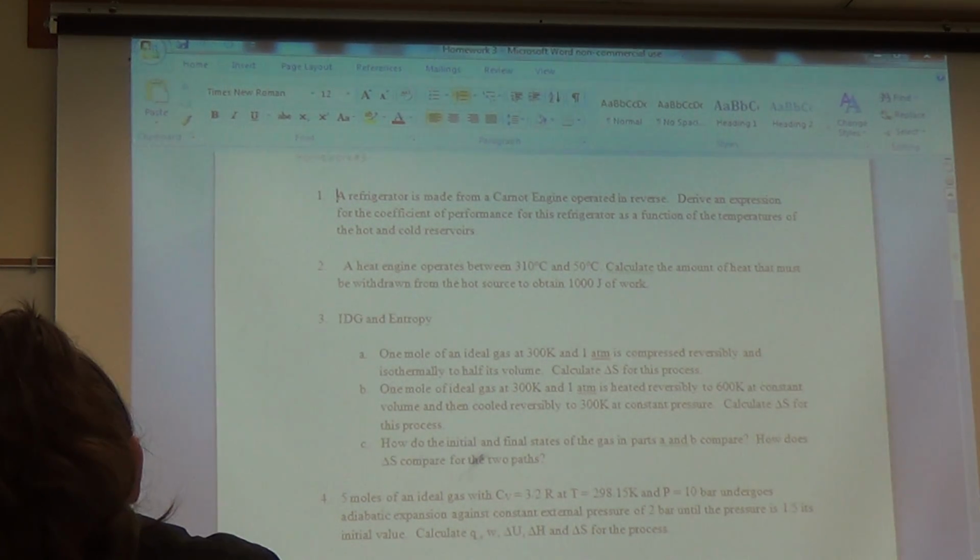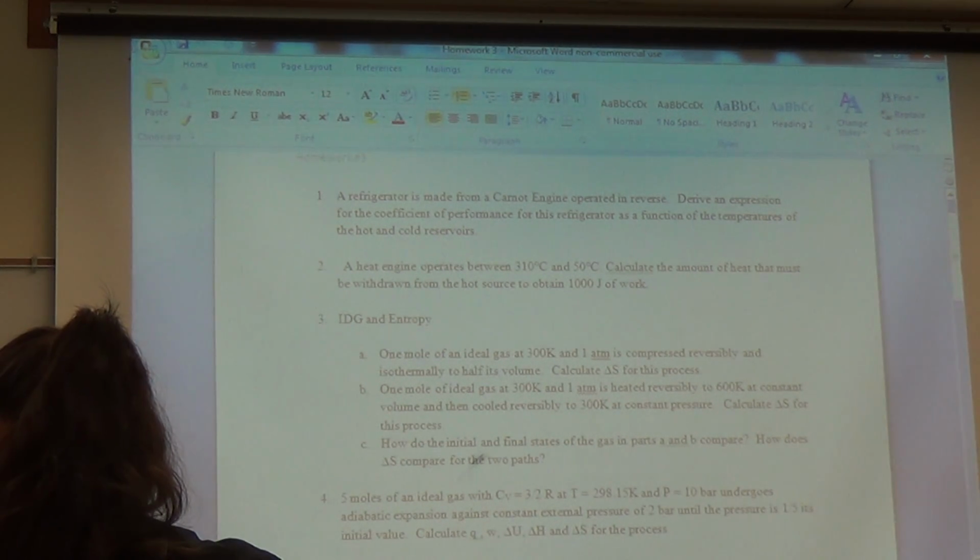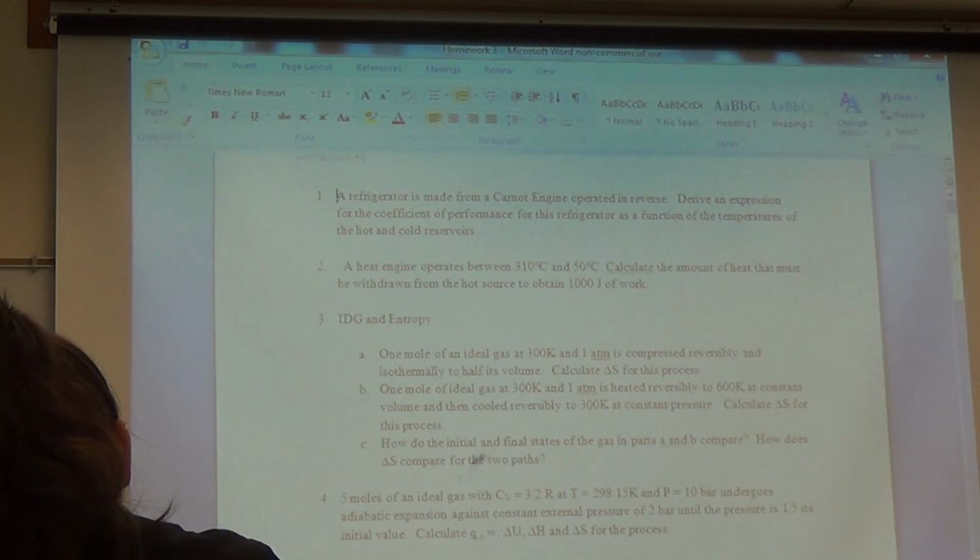The refrigerator is the main function. So we have to look at the equations. What is the Cardinal equation? It's that weird graph.